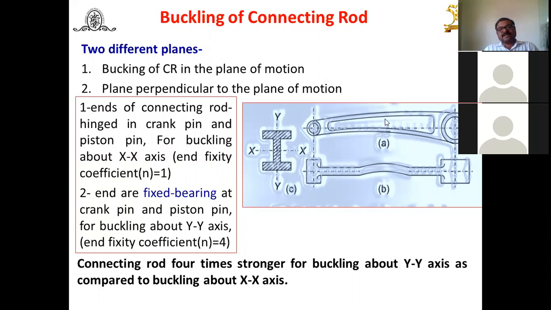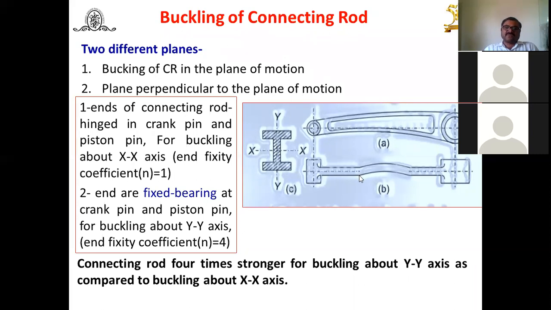Now there are two planes. Let us see here, buckling of the connecting rod in the plane of motion. The plane of motion means it reciprocates. Here at the small end, the piston pin is fitted, and at the large end, the crank. You know that. The buckling of the connecting rod in the plane of motion is indicated in figure A, and the other is the plane perpendicular to the plane of motion, which you get in the top view.